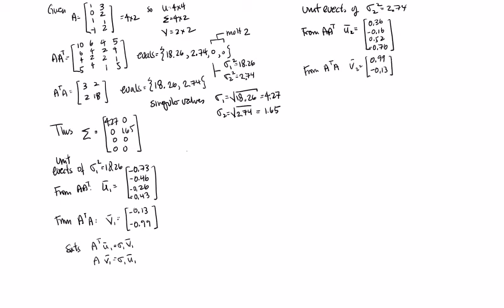Again, these approximations just to keep us sane. And again, in this case, A transpose U2 equals sigma 2 V2, A V2 equals sigma 2 U2. That can be checked.